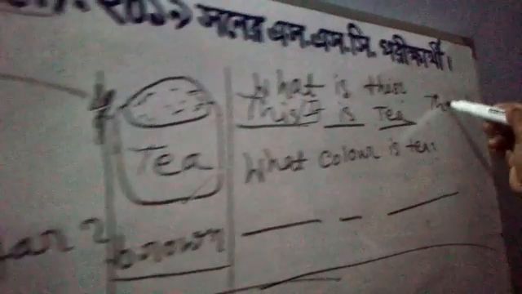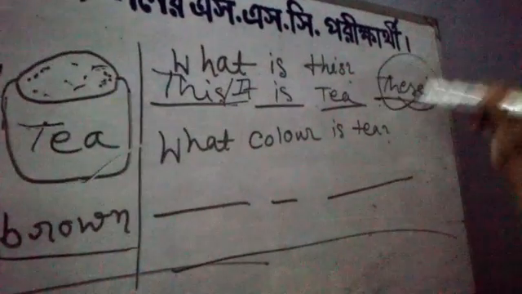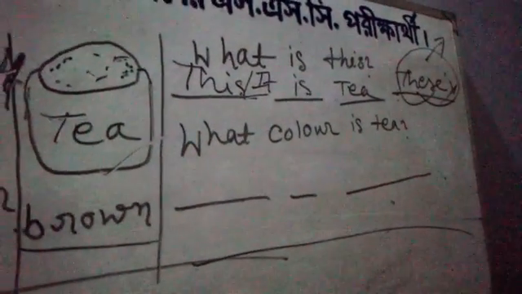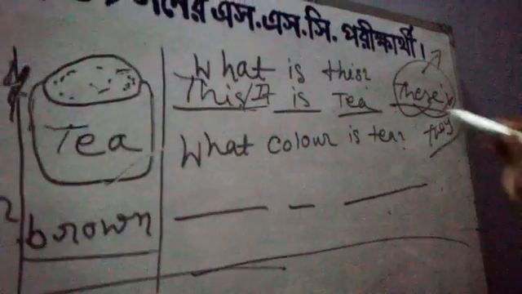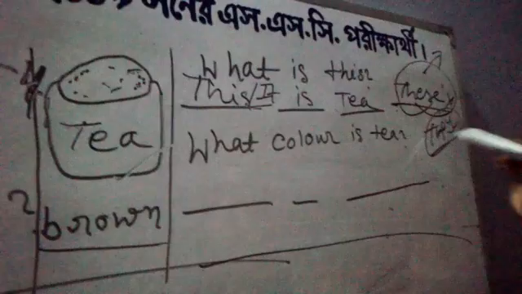If you write these, it's not right, because these is used for plural number. If you write they, this is also wrong, because they is used for plural number.